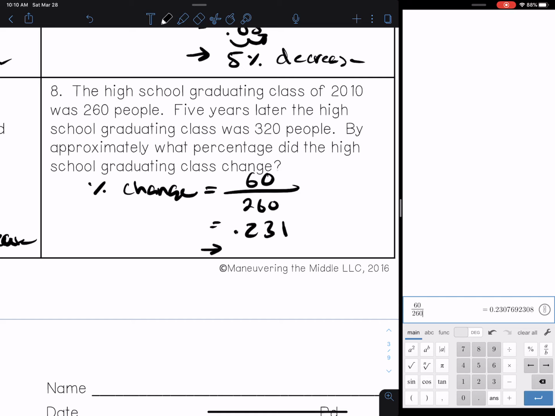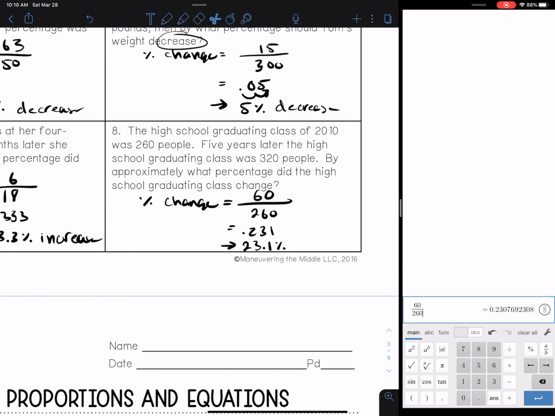So how do I do that? What's 23.231 as a percentage? 23.1%. And is that an increase or decrease? That is going to be an increase.